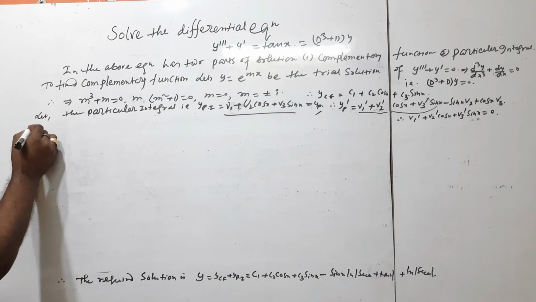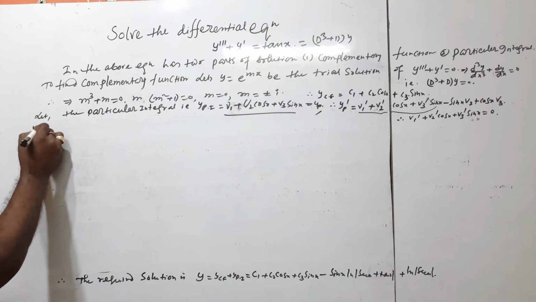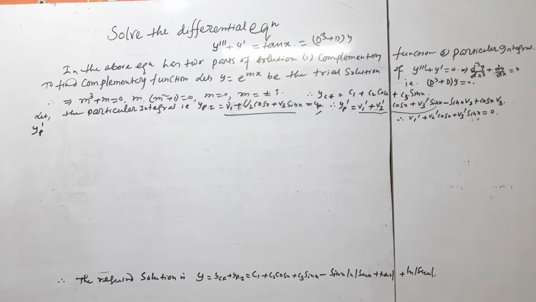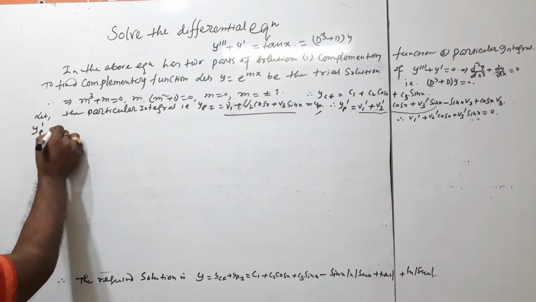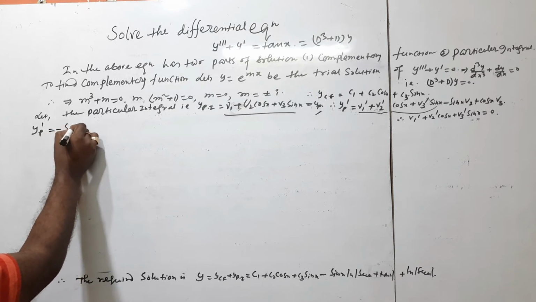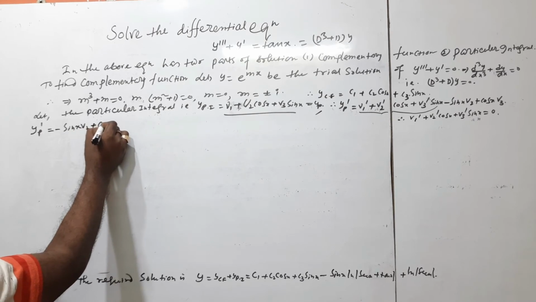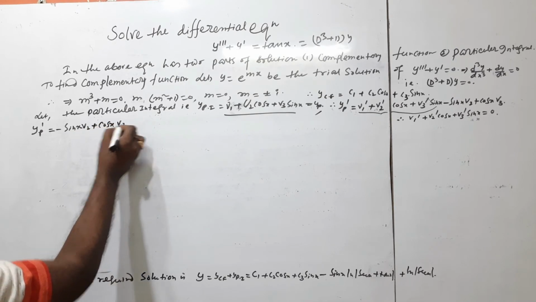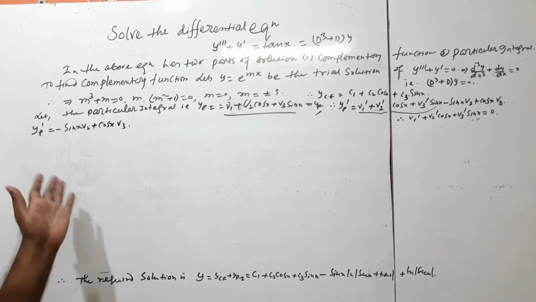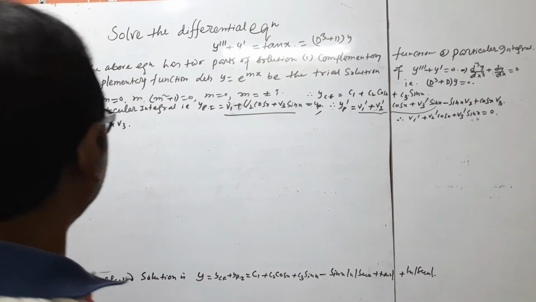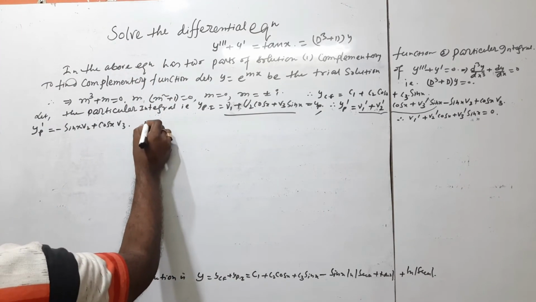Then y dash p is equal to, we have left only minus sin x v2 plus cos x v3. Now again differentiate this equation, that is y double dash p.